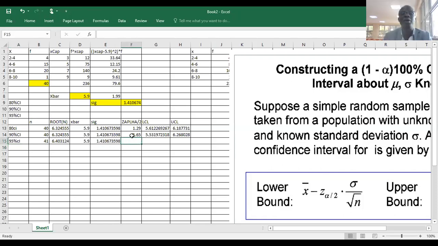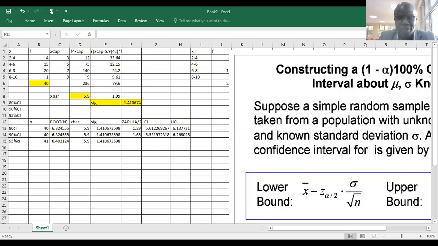So which area are we going to look for in our normal table for 95%? I'm not going to show that diagram again. Which area are we going to look for in the normal table at 95%? 0.975.